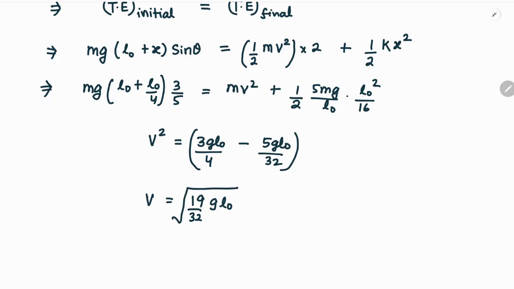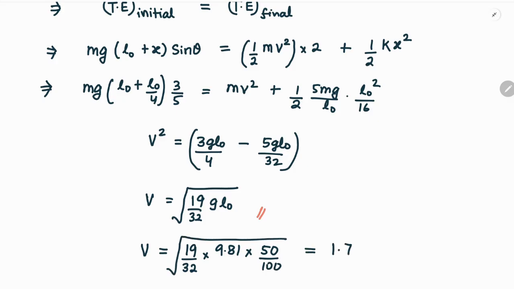So this is the required answer for this problem, and on substituting the numeric values of g and L0, that is 9.81, with L0 being 50 centimeter, 50 by 100 meter, we obtain the value 1.7 meter per second. So this is the numeric answer for this particular problem which we have discussed. So this was problem number 1.140 and the 15th problem in this series.